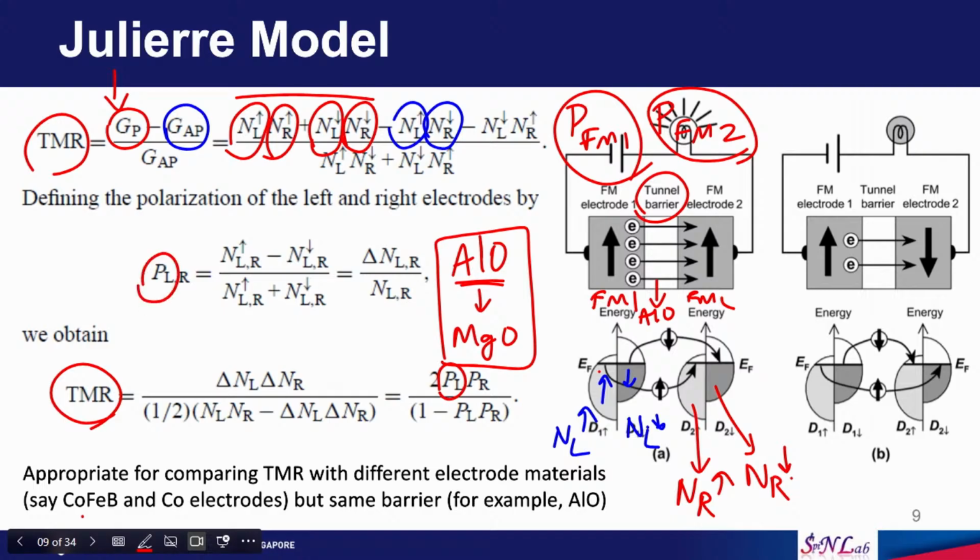So, let us say we talk about only one ferromagnetic layer, let us erase this one.